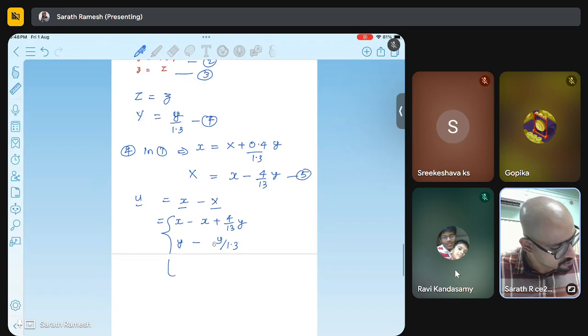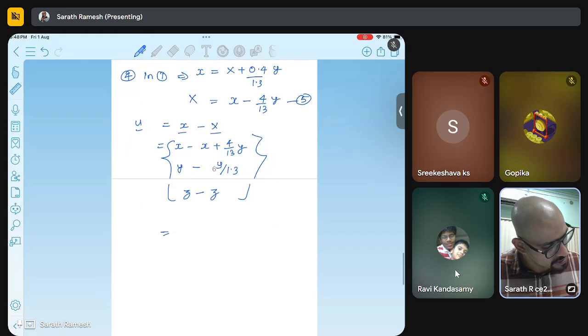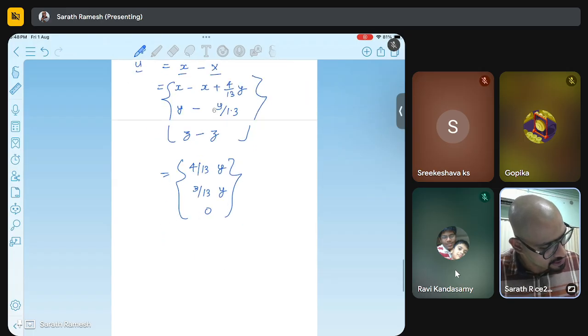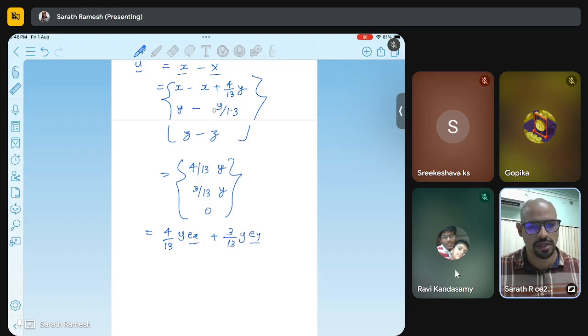And small z minus capital Z is 0. So x minus x will become 0. So 4 by 13 y, and 1.3 minus 1 is 0.3, so 3 by 13 y, and 0. That's it. So the u vector is 4 by 13 y ex plus 3 by 13 y ey plus 0 ez.